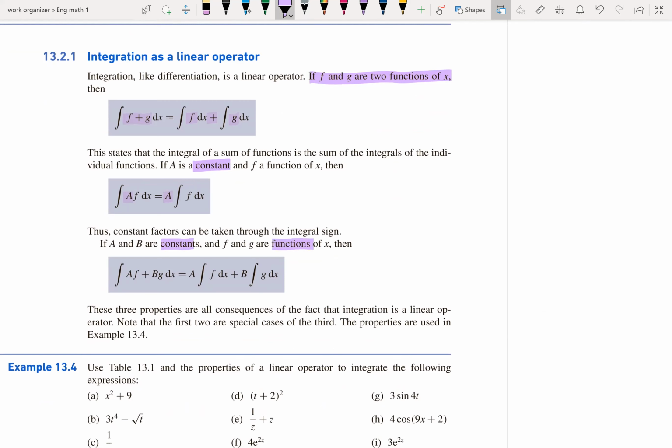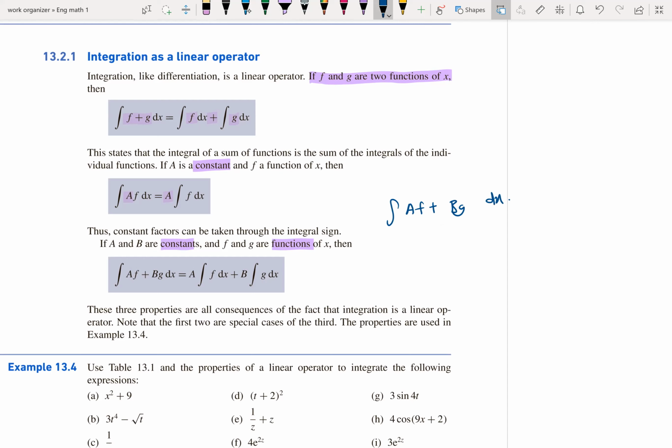So what we have to do, this is what we are given: the integration of af plus bg dx.